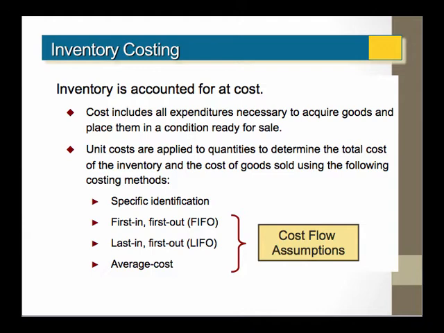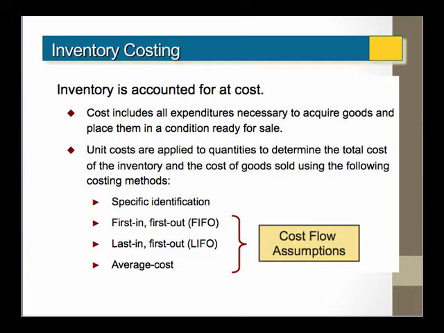These 4 methods are specific identification, first in, first out, known as FIFO, last in, first out, known as LIFO, or average cost. Regardless of which inventory system you use, periodic or perpetual, you still need to choose which costing method you want to use in order to value your inventory.